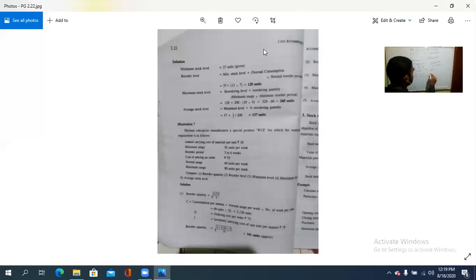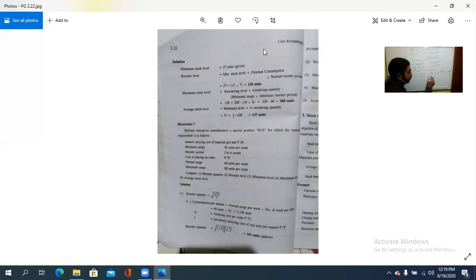Reorder level is equal to minimum stock level plus normal consumption into normal reorder period.